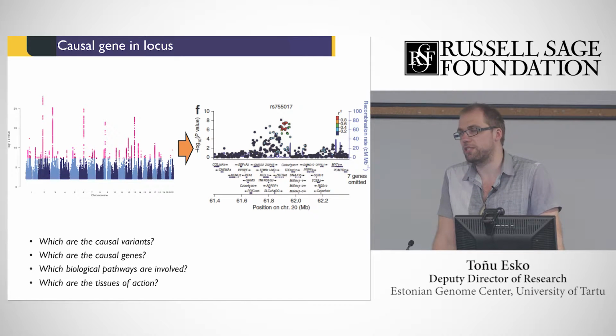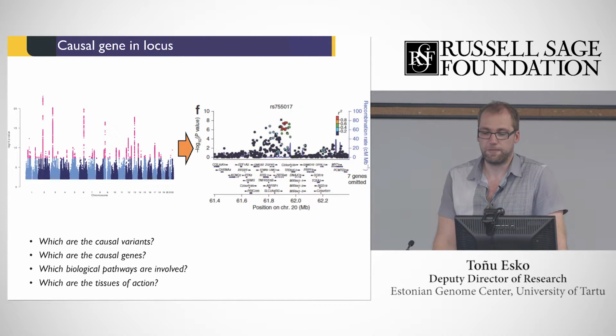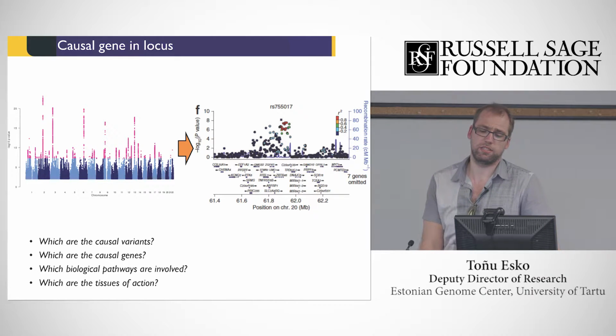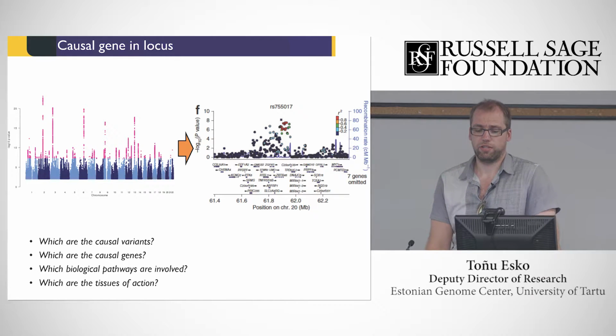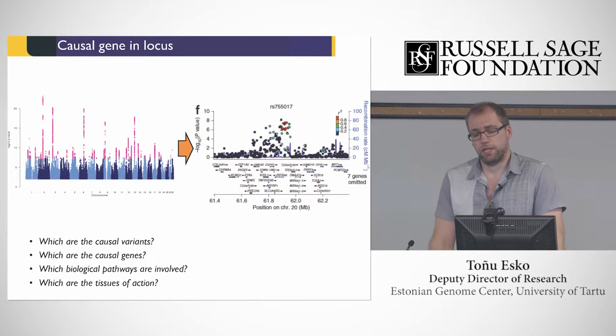on the right, that is called a LocusZoom plot, and it's basically the same, where on the x-axis you have the physical position of the genome, and on the y-axis, on the left, you have the statistical significance, and on the right you have the probability for recombination, which is shown in the peaks.